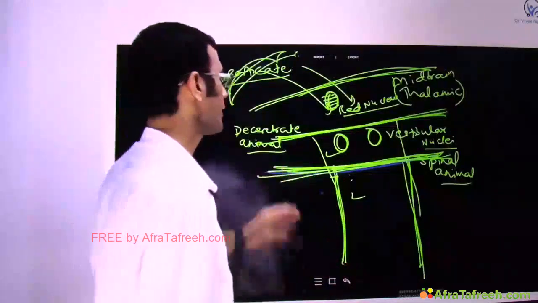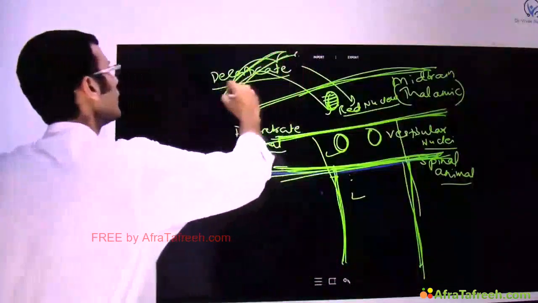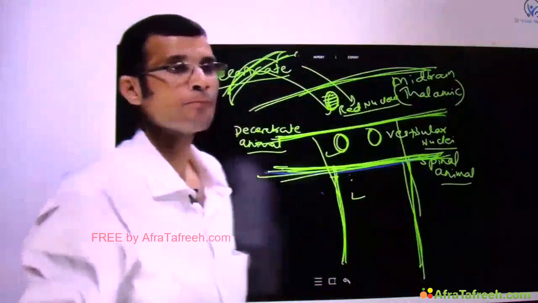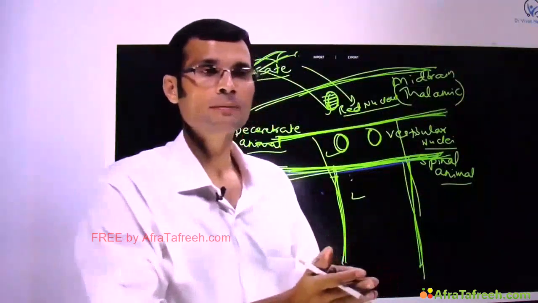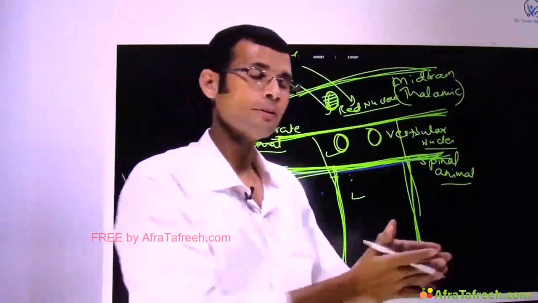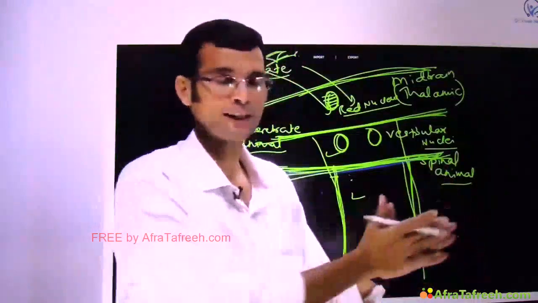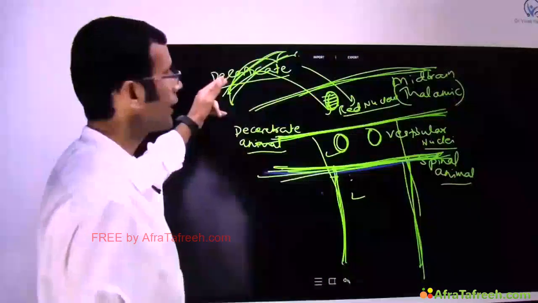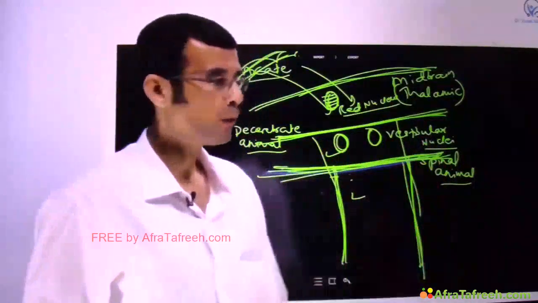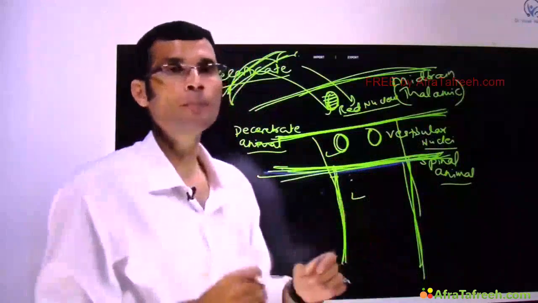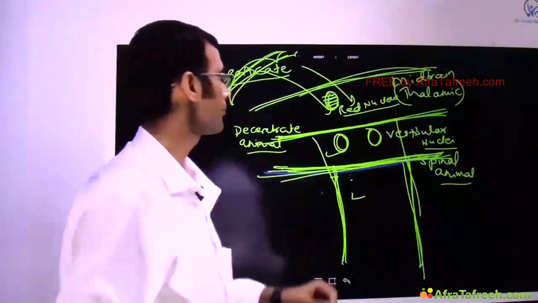That's decerebrate rigidity. In the case of decorticate rigidity, such rigidity resembles more humans, because in decorticate rigidity, extensors of the lower limb and flexors of the upper limb go into spasm.